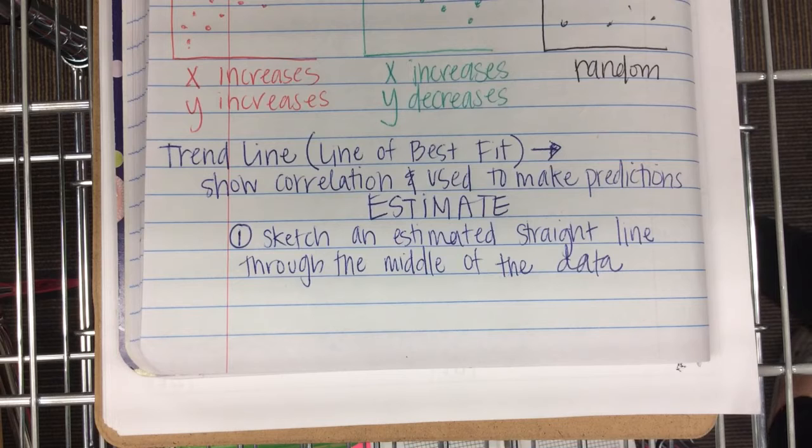Estimated. Is there such thing as a bad estimated straight line? Yes. But are there multiple different representations of an estimated straight line? Yes.